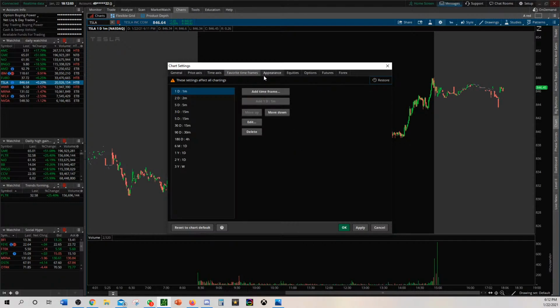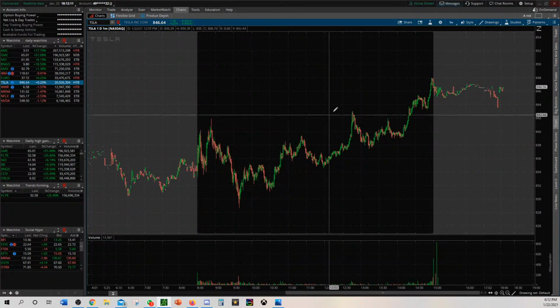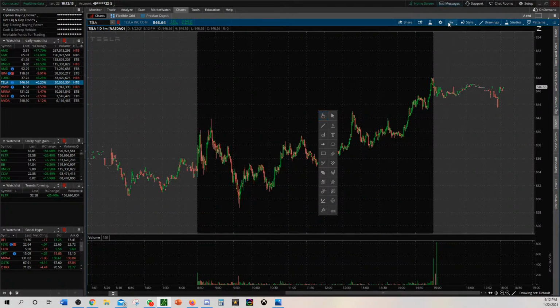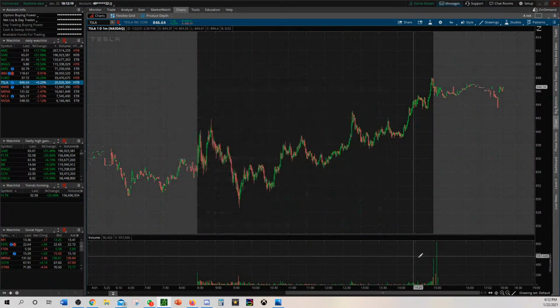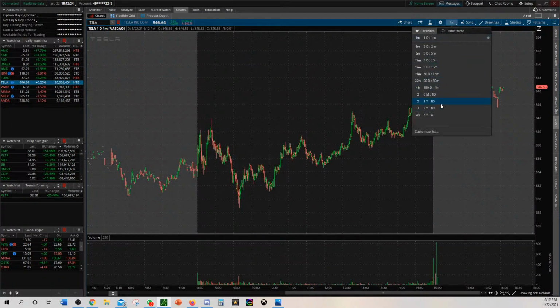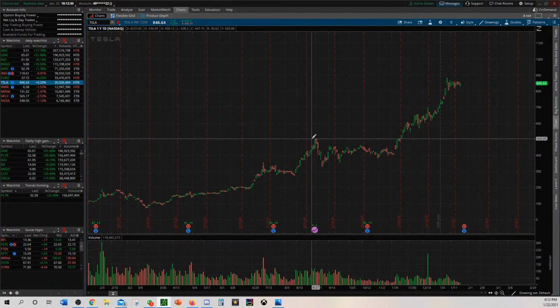Time axis, appearance. So your chart might look something like this, okay? You see, it's just not as clean as compared to what I do.